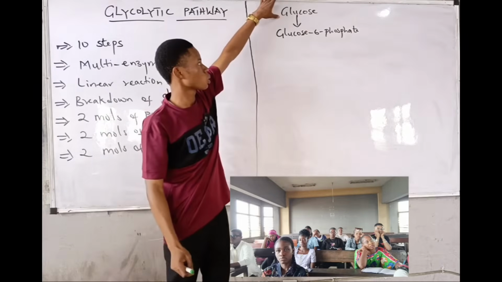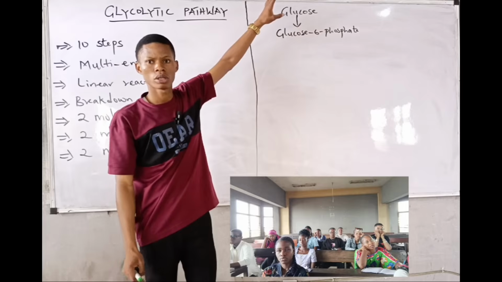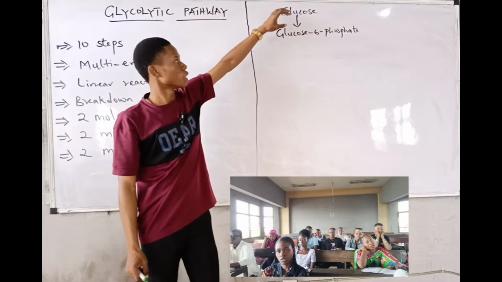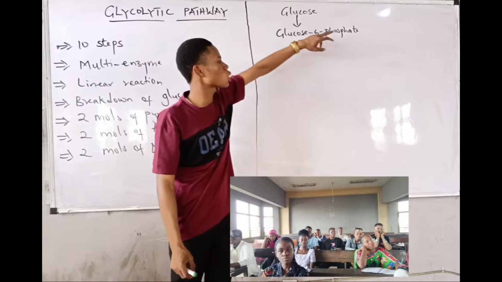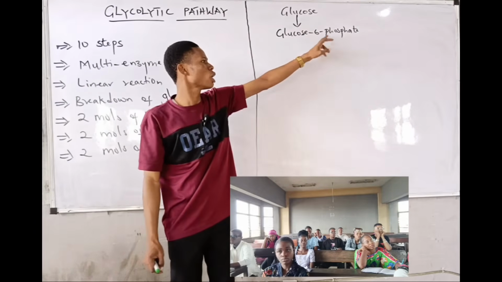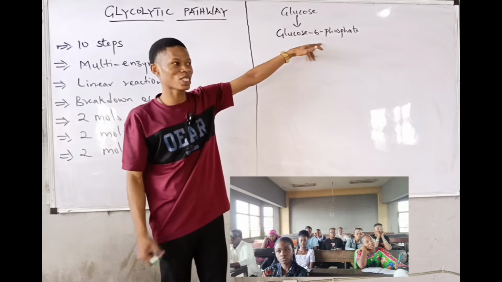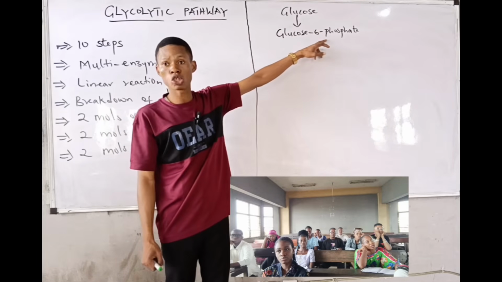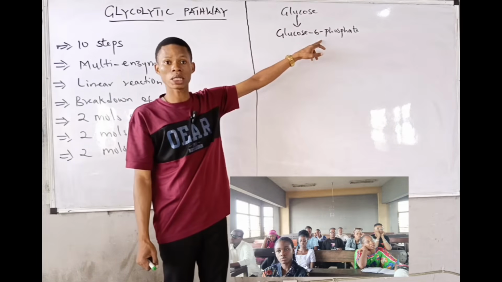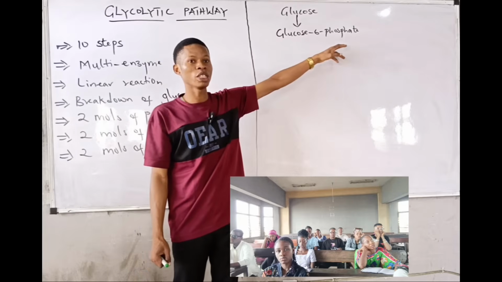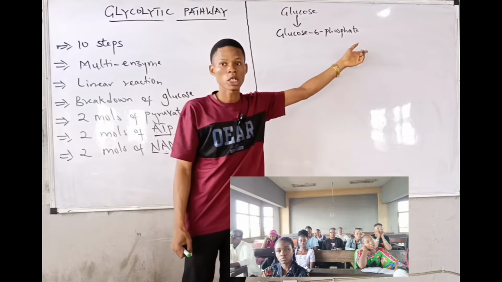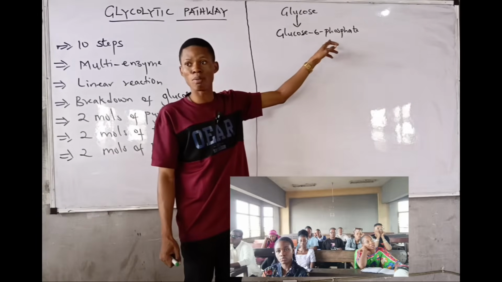But now observe this. This is glucose. Glucose has how many carbons? 6 carbons, right? This is glucose 6-phosphate. How many phosphates did we add to glucose to get glucose 6-phosphate? 1, right? On position what? On carbon 6. So glucose 6-phosphate does not mean we have 6 phosphates. It means we have 1 phosphate group on carbon 6.